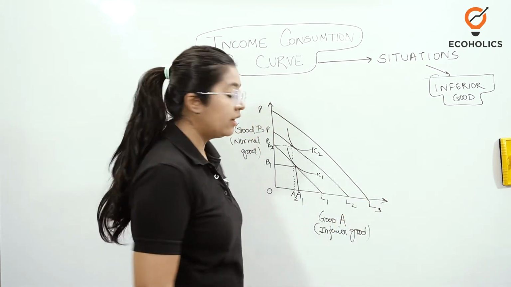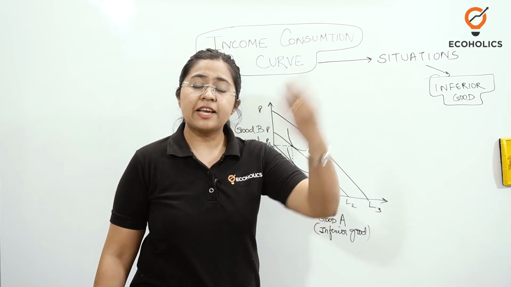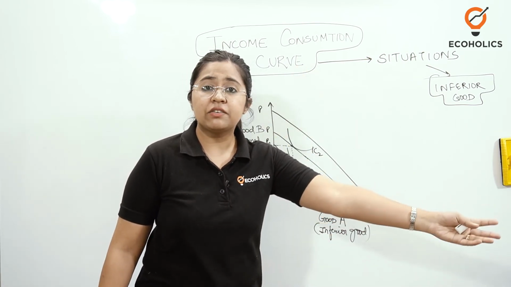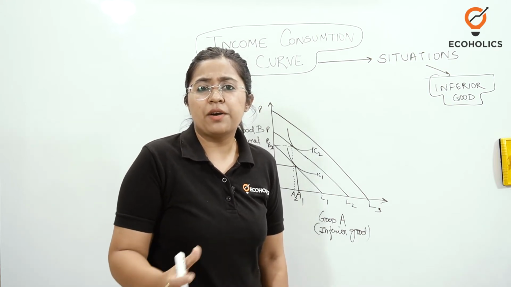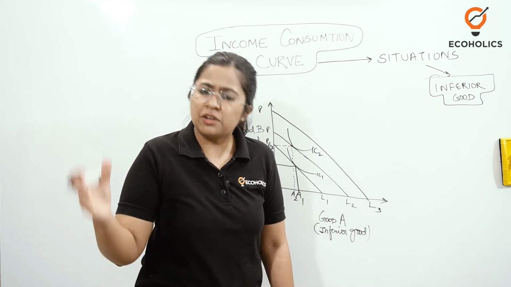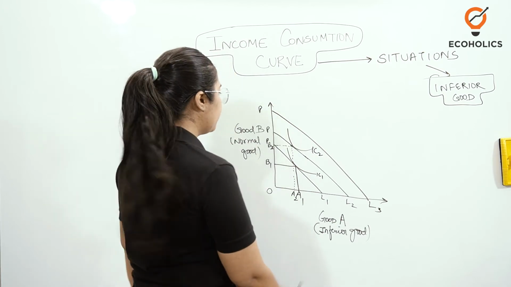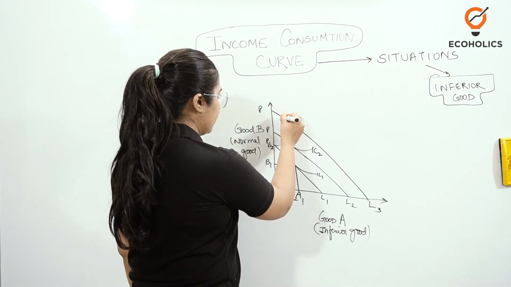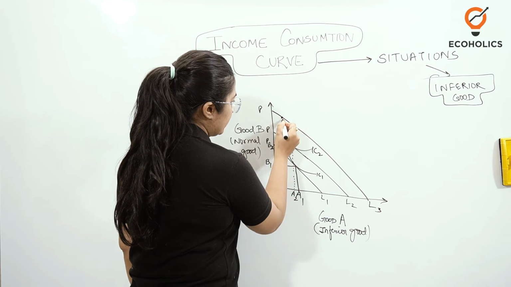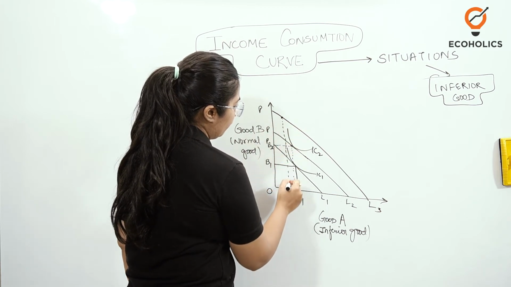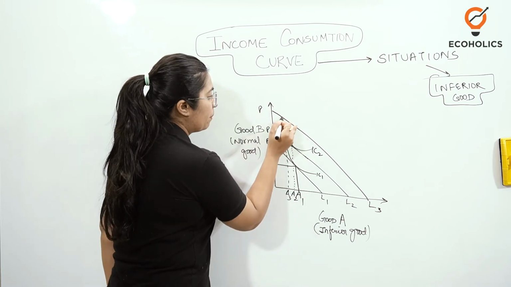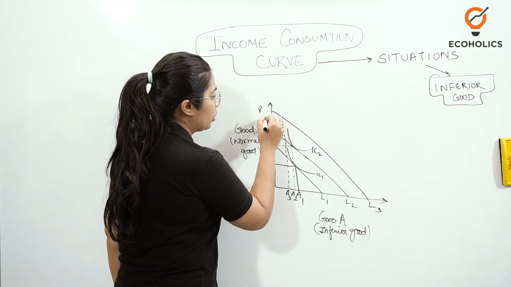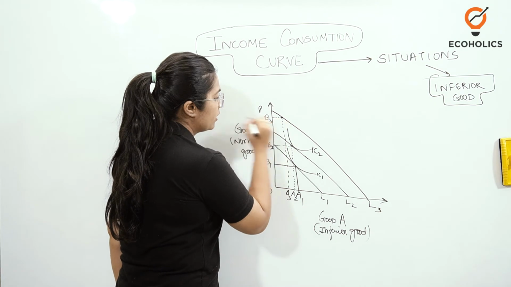PL3. Okay, now your price line or budget line or income has further increased and now you're in a position to rather decrease your quantities that you're consuming of your inferior good even further. So what you're going to do, you're going to, let's say, only purchase that much amount of quantity of commodity A while your purchase of commodity B is going to rise a lot.